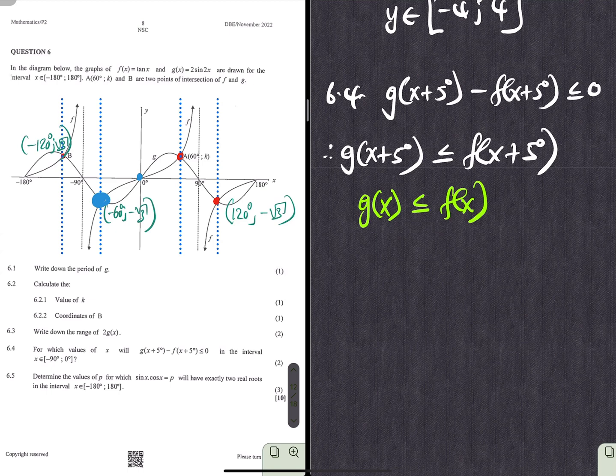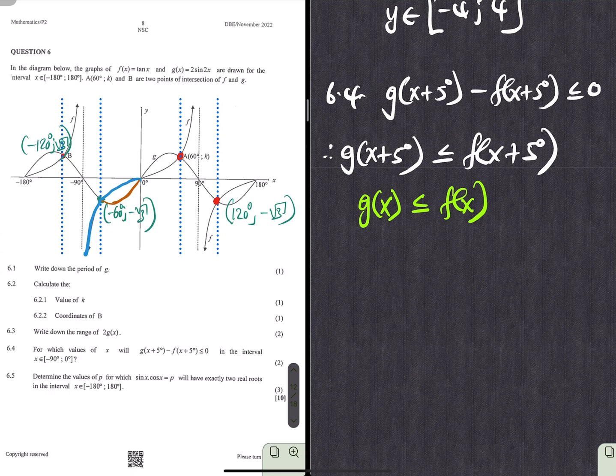And check something. At the same time, this is where g is less than f at x, or f is above g. Remember that this is f, the tangent one, and then this one is the other one.